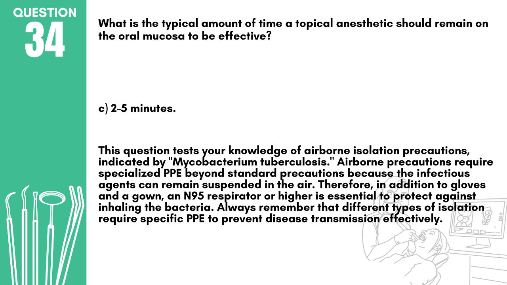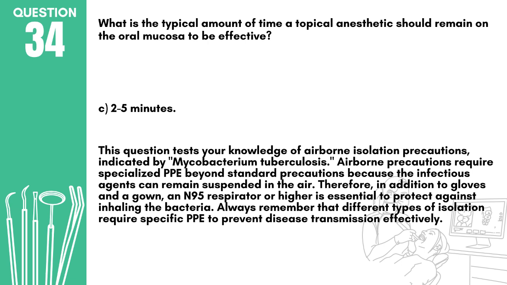This question assesses your practical knowledge of administering topical anesthetics. The concept being tested is the proper application and dwell time for topical agents. To allow sufficient time for the anesthetic to penetrate the surface tissues and numb the area effectively before an injection, topical agents generally need to remain on the oral mucosa for 2 to 5 minutes.